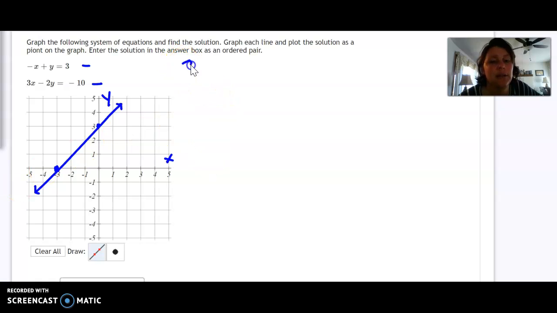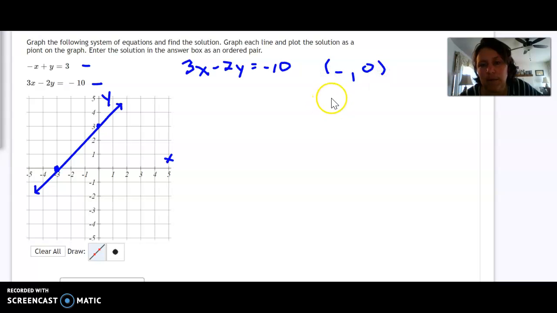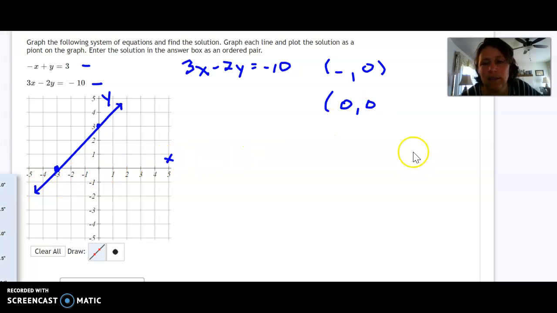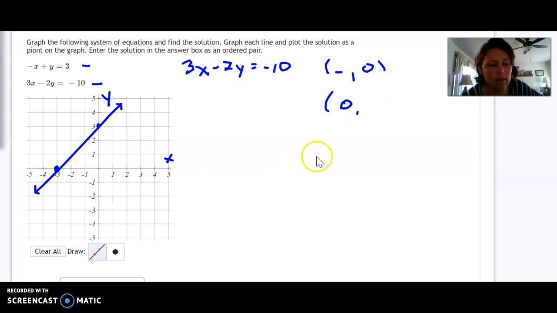All right, then our next one, we have 3x minus 2y equals negative 10. And again, we want to find that x-intercept and that y-intercept. Whoops, that's not what I wanted to write. We want it to be a line.